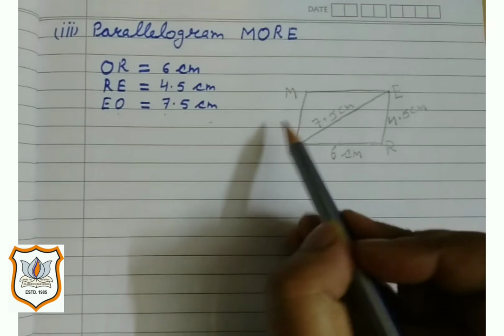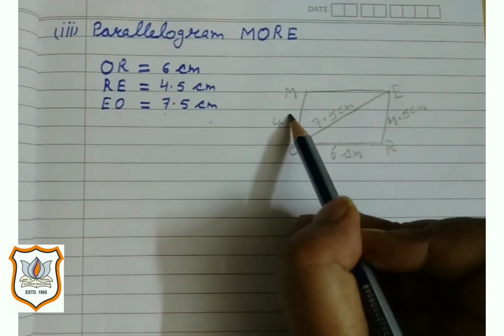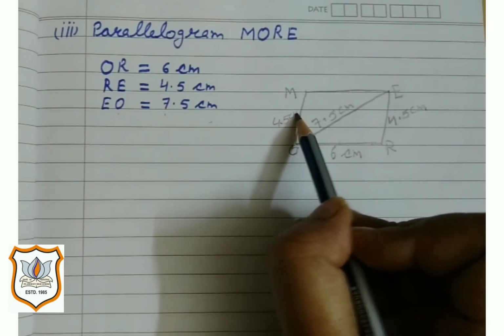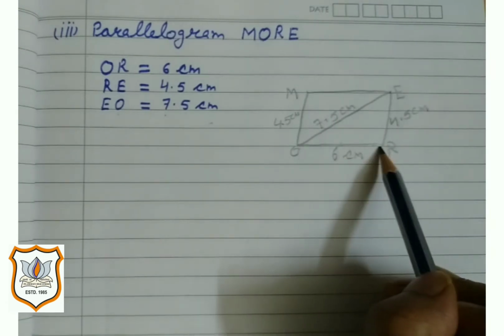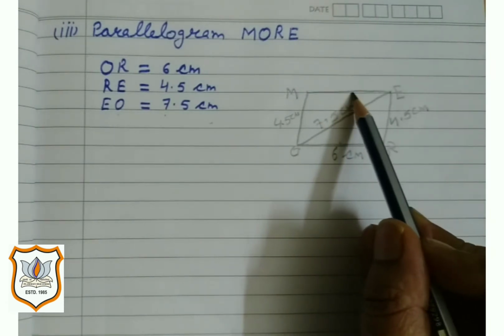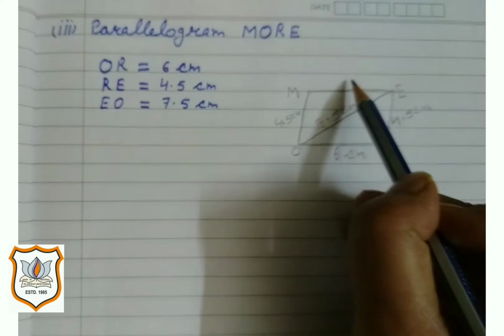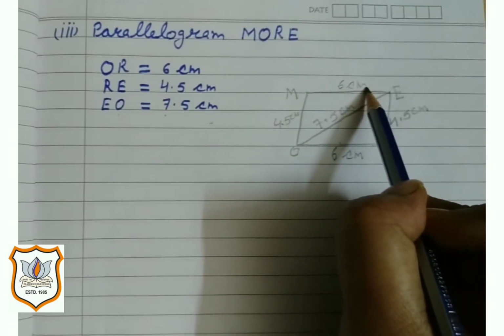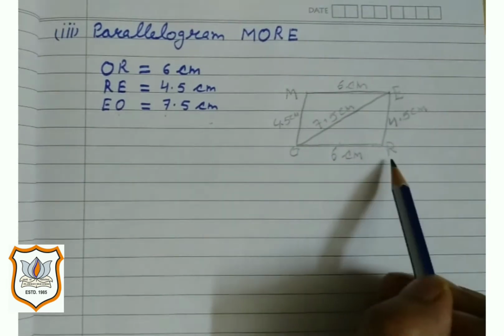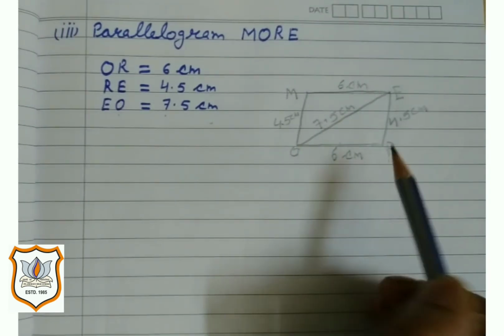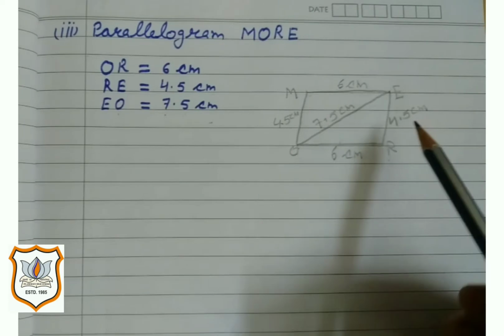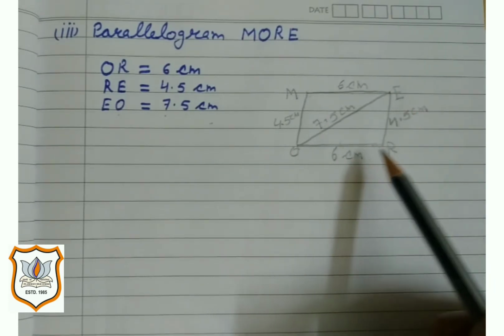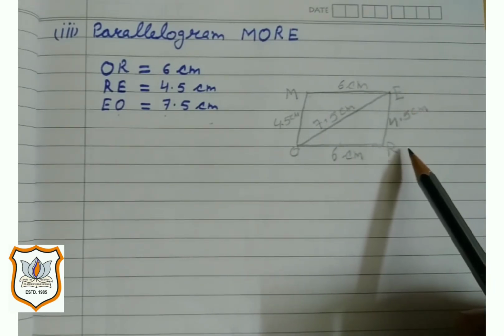So MO will be 4.5 centimeter, and OR is equal to ME. So ME will be 6 centimeter. Clear students? ME is equal to OR because these are opposite sides, and MO is equal to ER because these are also opposite sides of a parallelogram.